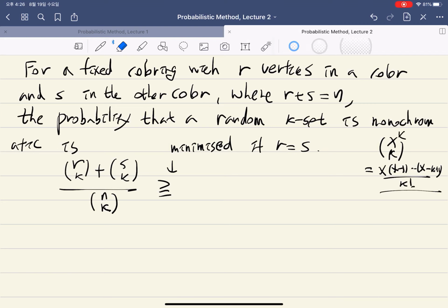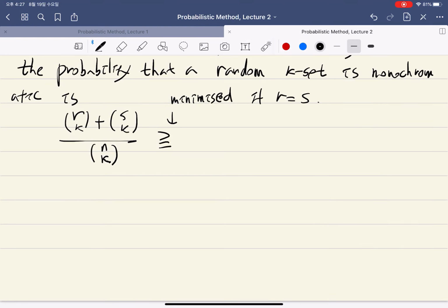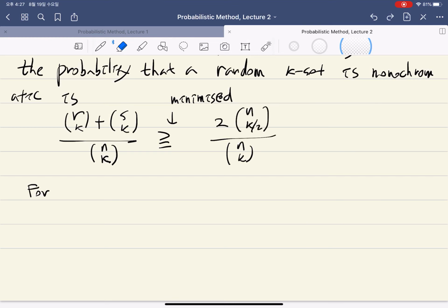Then this is a convex function, so we can show that this is minimized when r and s are the same. Even if n is an odd number, we can say it is minimized when we have n over 2 choose k. Let's say this is p. And we know that this probability is always at least p.